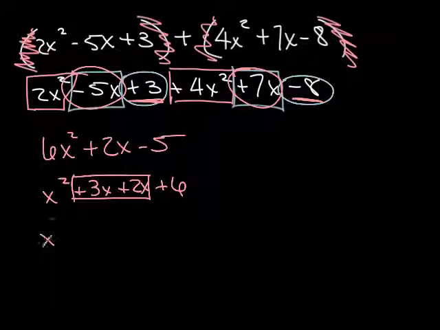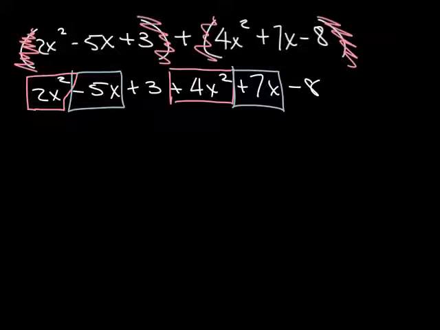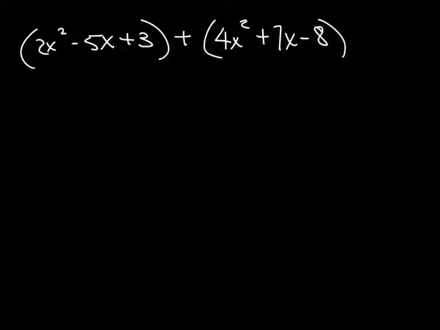There's no other x squared, so you don't do anything with that. So you just add these two, and there's nothing to add to the 6. So you end up with a simplification just looking like that. Alright, so now what we're going to do is we're going to jump into some with minuses. And that's going to force us to do things a little bit different here.